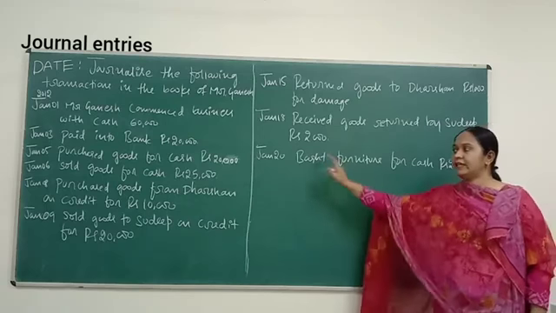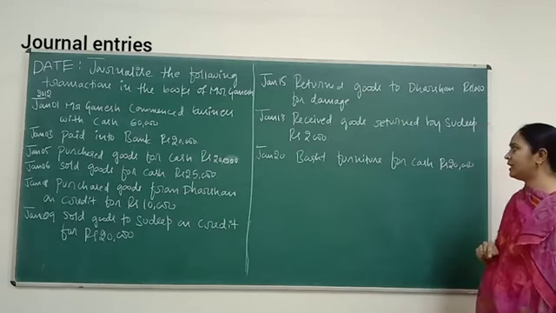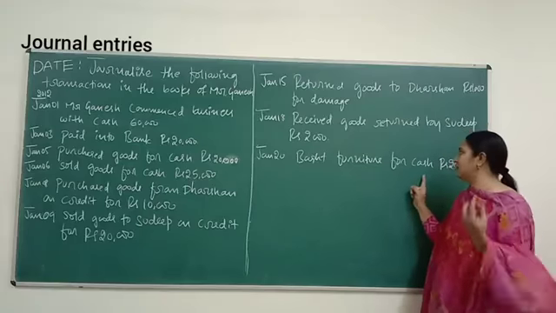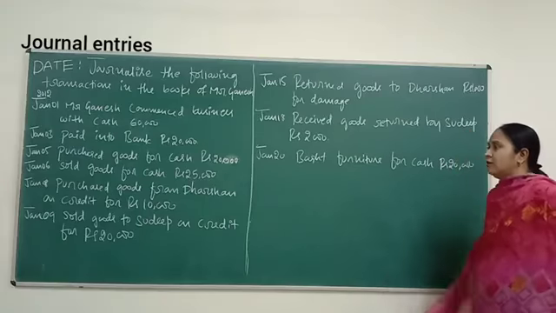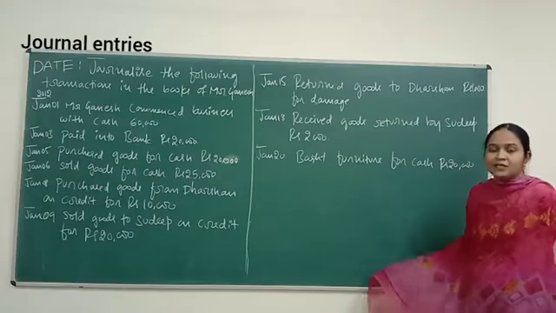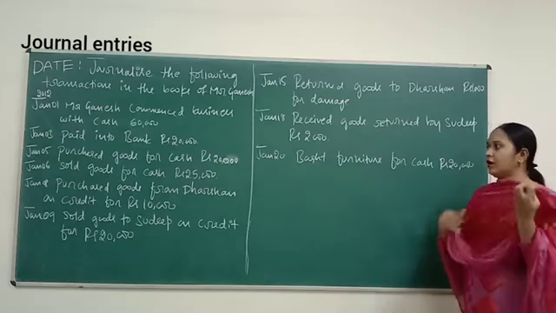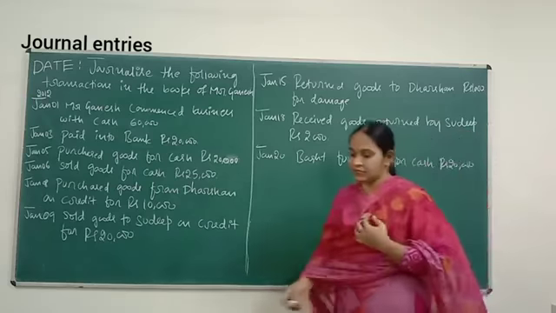Next, January 20th, bought furniture for cash rupees 20,000. Okay, now let us pass the journal entries.